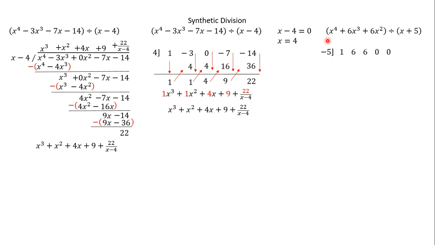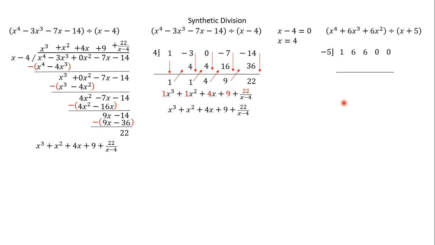So we have -5, and then our coefficients 1, 6, 6x squared, 0x, plus 0 for a constant. Again, it's important we have those. Otherwise, we'd be dealing with 1x squared plus 6x plus 6. So it's important that we include every place from wherever it is we start.